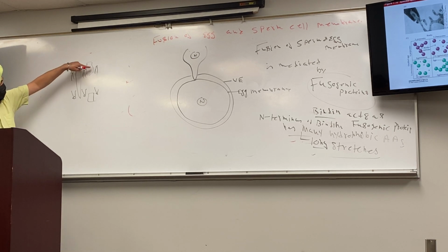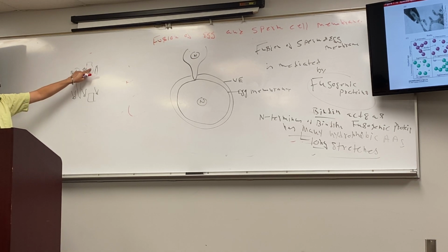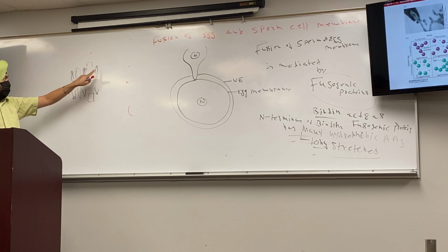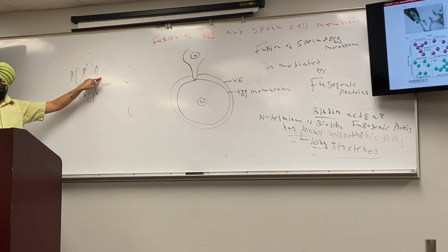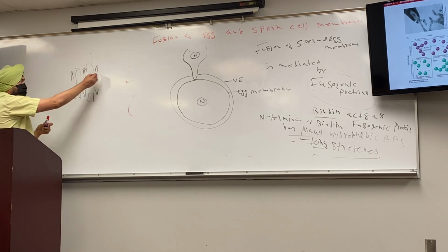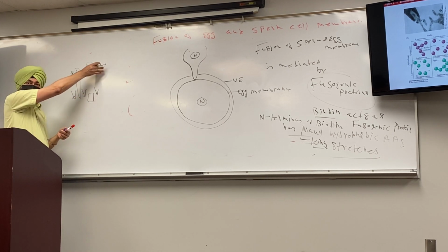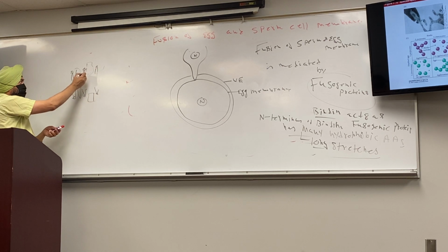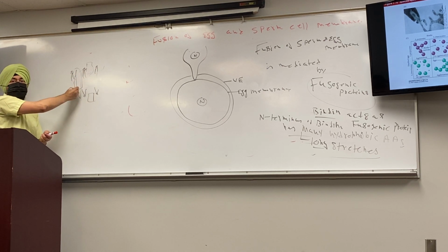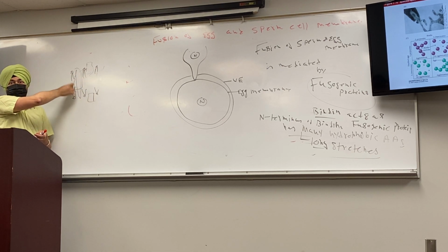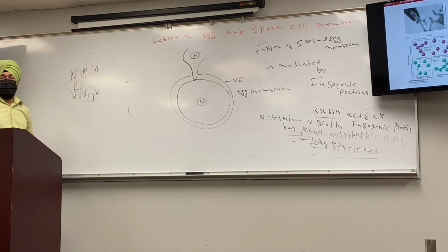It cannot interact on this part of the protein, but this part is hydrophobic. This is polar, but this is hydrophobic. It means those proteins can actually interact with phospholipids, and can also interact with the hydrophobic portion of the protein in the membrane, not this side. So that can allow the mixing of the membrane. Making sense?